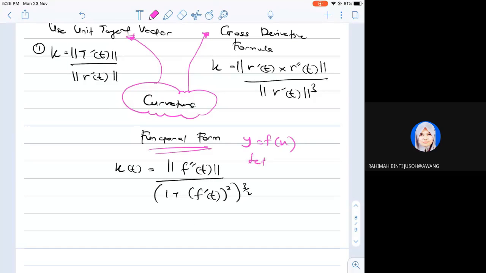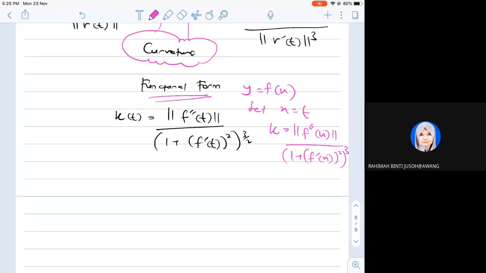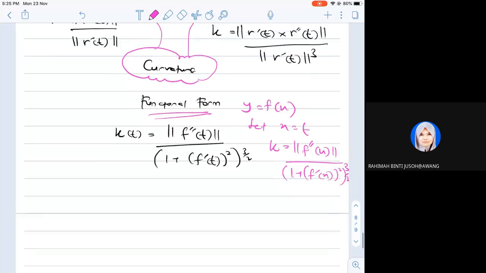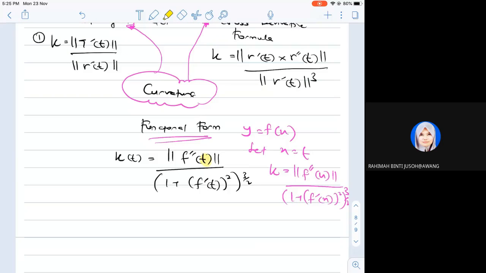You have to let your x equals to t. In another way, this formula becomes curvature equals to the magnitude of f double prime x over 1 plus f prime x squared, to the power of 3 over 2. Like that. So you just substitute t with x. That's for functional form.